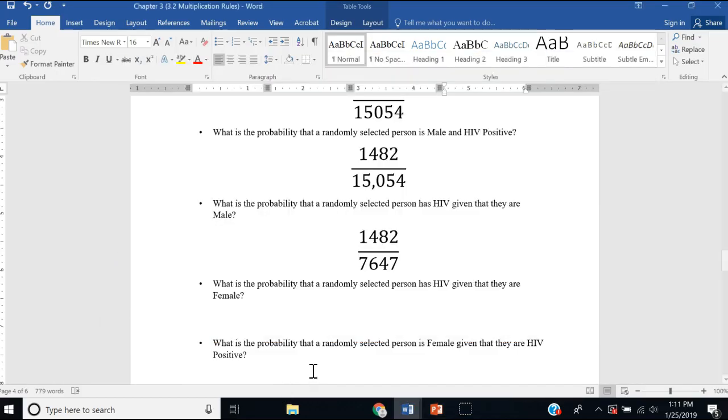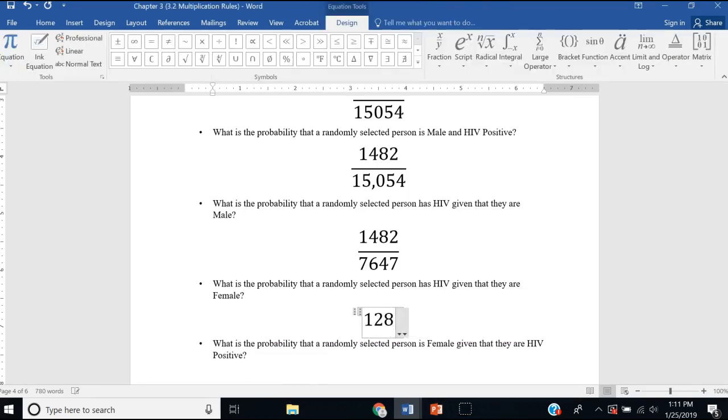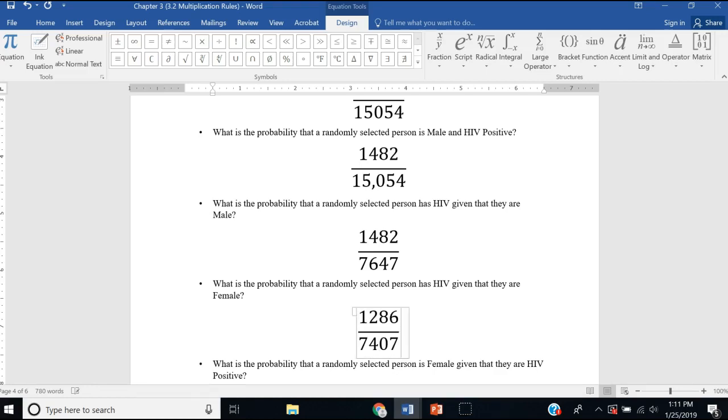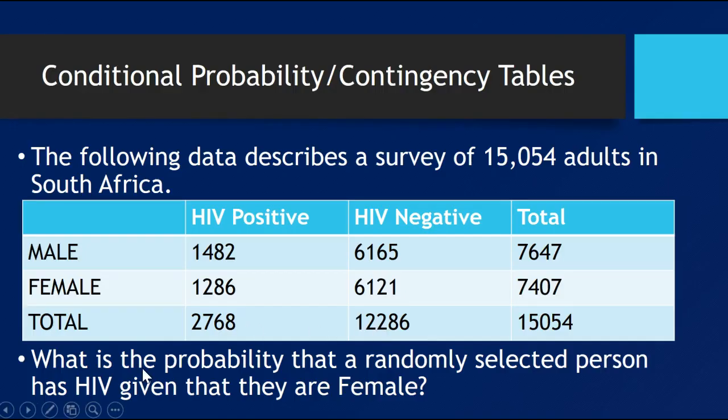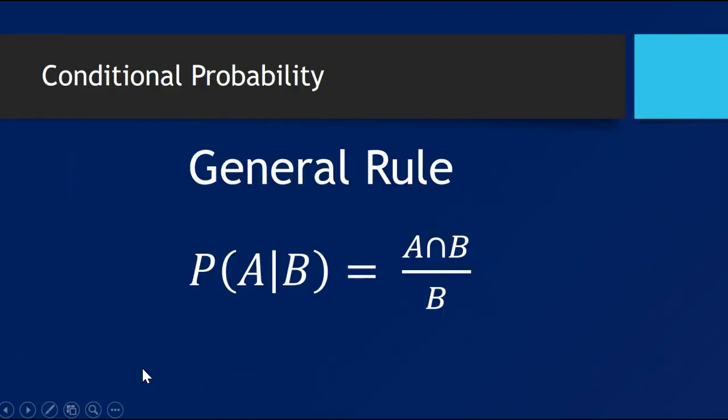So to write down my answer, we go 1286 because that was the number of females who had HIV out of 7407 because that's the total number of females. Now I want you to just take a moment to think about what that meant for our general rule. Remember, our general rule said probability of A given B was those with both traits on top, divided by those with a given trait.